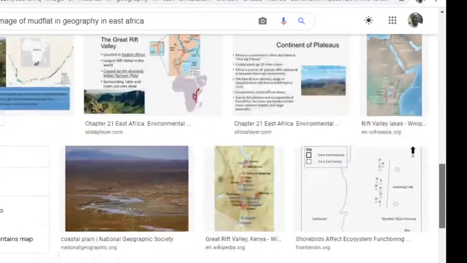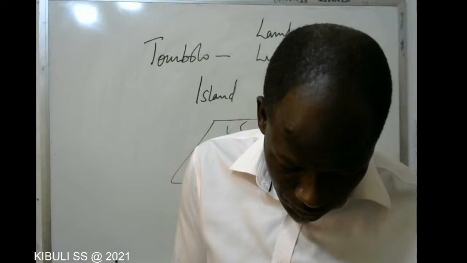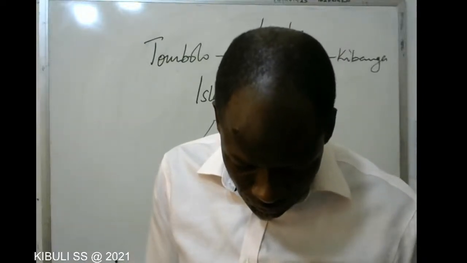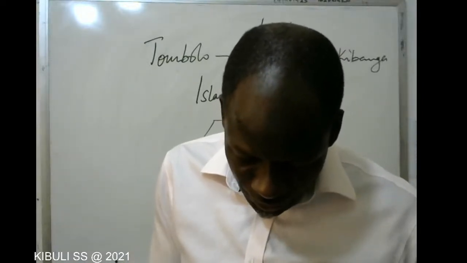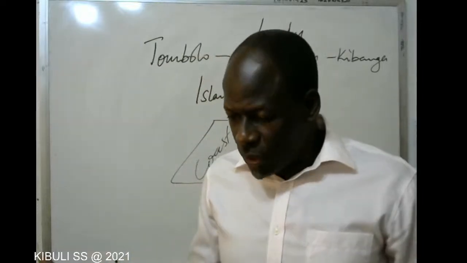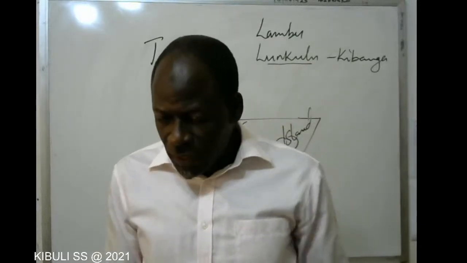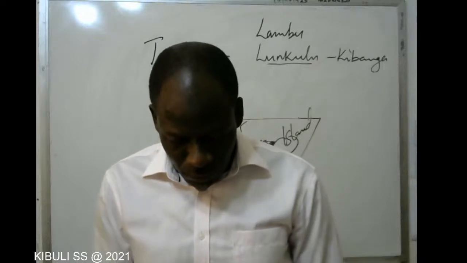The other feature is the lagoon. We have already talked about that one: when part of the sea or part of the lake is cut off or enclosed by sand deposits, then that part of the lake or of the sea is called a lagoon. So a lagoon is just part of the sea or lake which is enclosed by sand deposits. Where we have a sandbar forming, behind the sandbar part of the lake or the sea is cut off, and so it forms a lagoon.